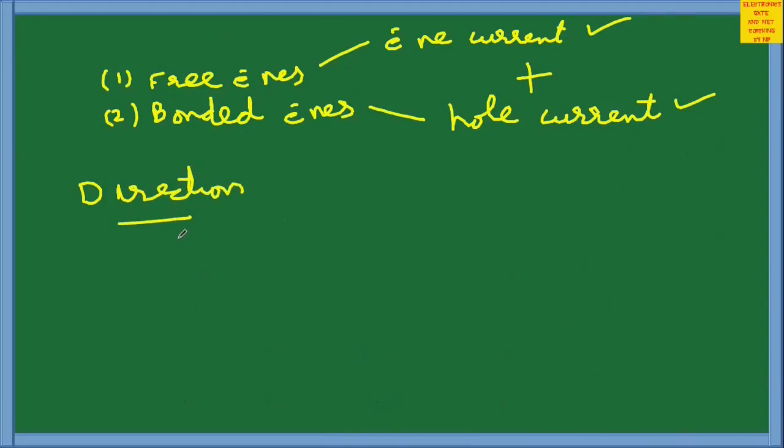We know the direction of current flow is in the direction of movement of positive charges. Here we know the electrons have negative charges and the hole means it is a vacancy of electrons, and we have also seen that the holes are moving in a direction opposite to that of electron movement, and at the place of a hole actually there is a positive ion, and hence we can consider the holes have positive charges, and hence we will take the direction of current as in the direction of hole movement.